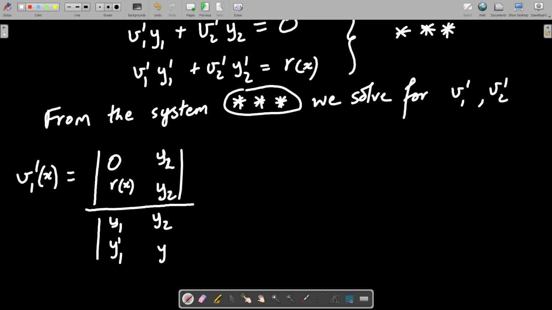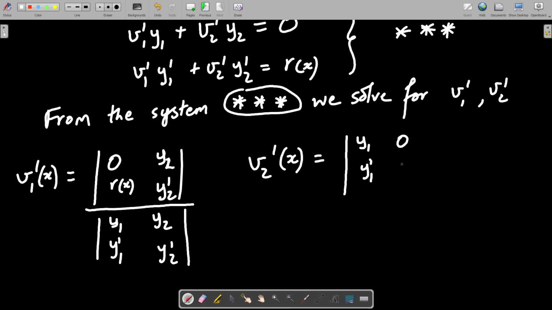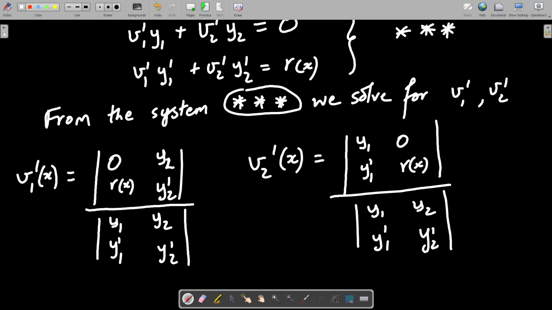And v2 prime will be equal to the determinant of y1, 0, y1 prime, rx, and the same determinant below.